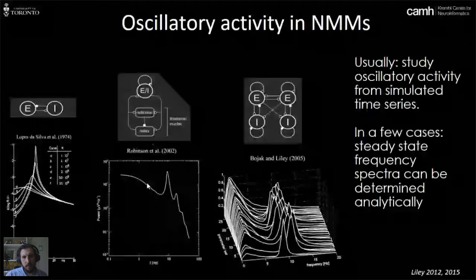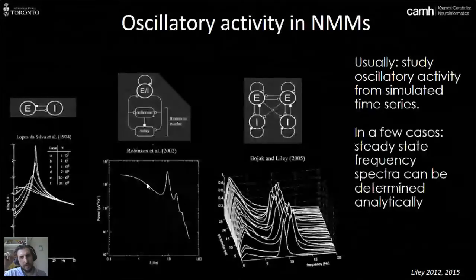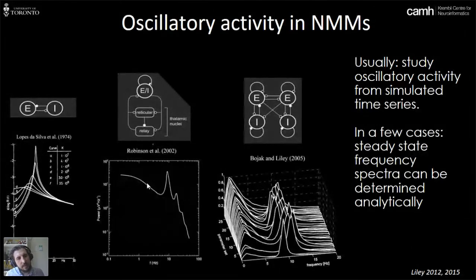Finally, in the neural population model part of this talk, I mentioned oscillations just now and how inhibition, negative feedback, is a key prerequisite for generation of oscillations in general.